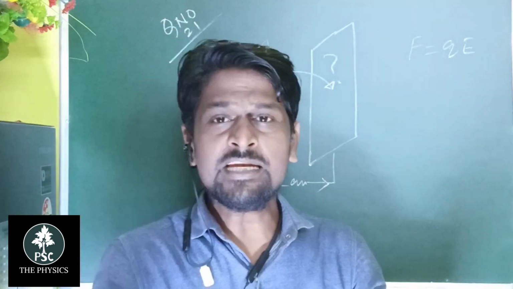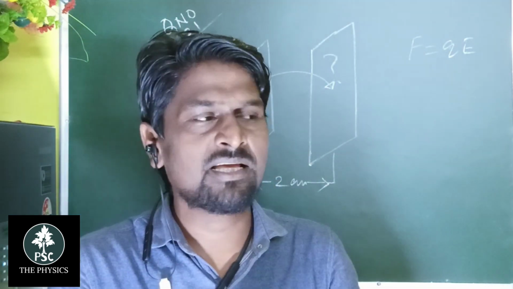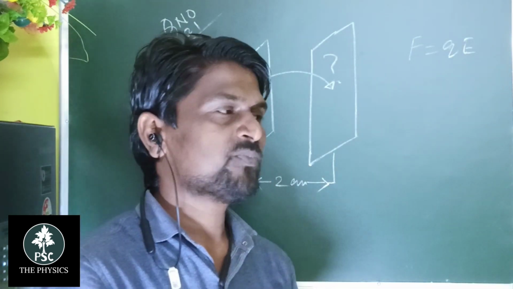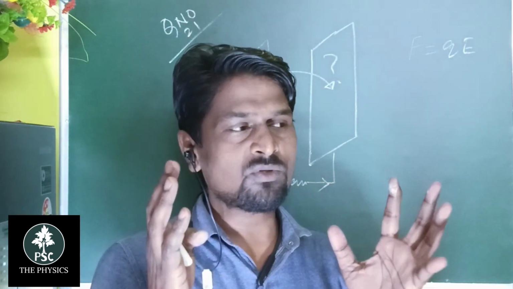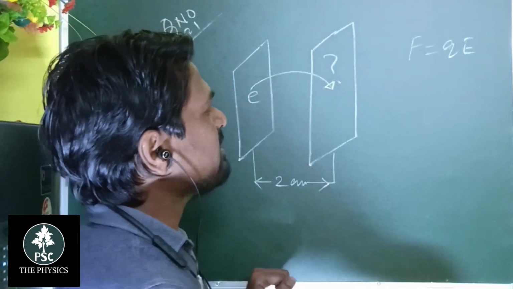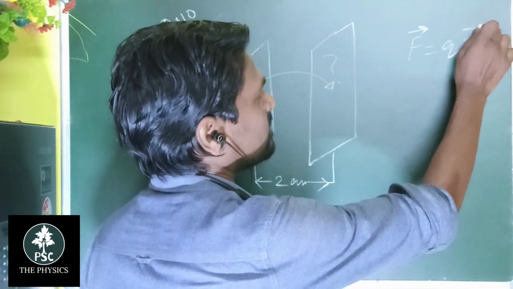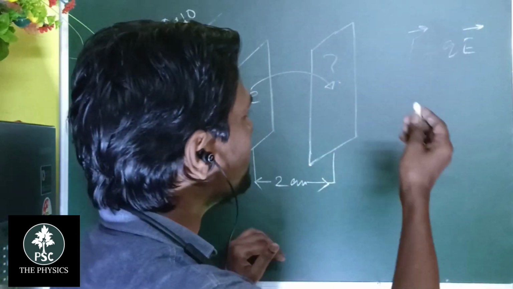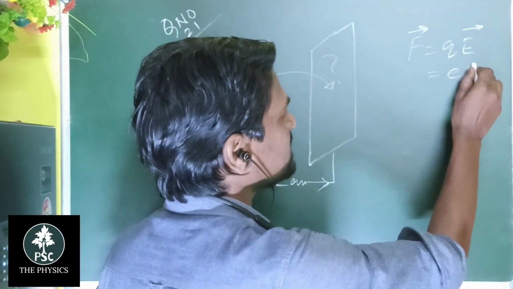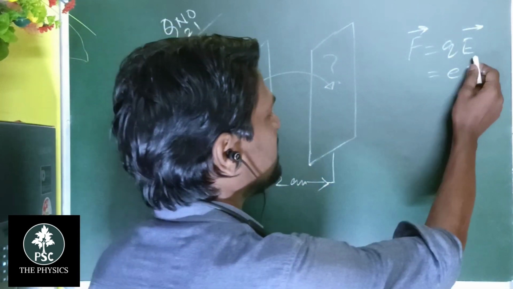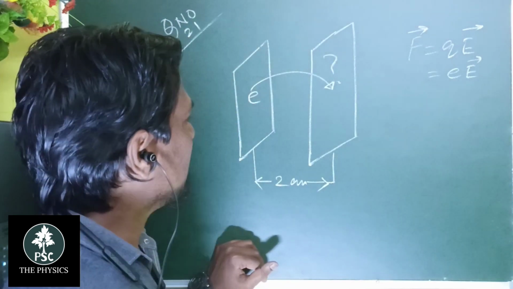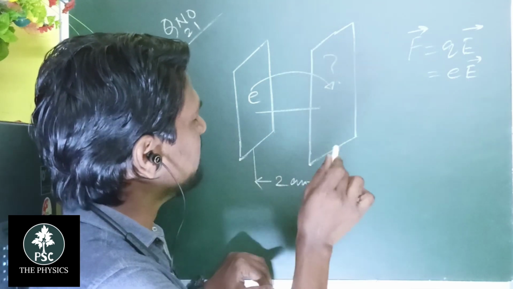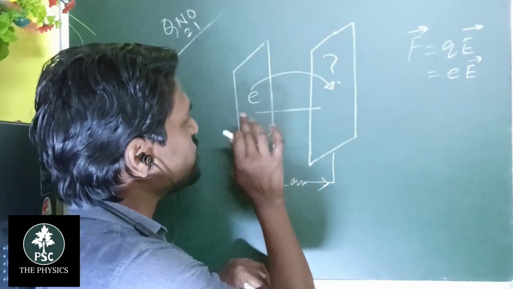If you are in your room and your mom says, beta, you have to go from there to there, then you go. So somehow there is a force related with it, that is F equal to qE. Here it is an electron, so this is the amount of force.